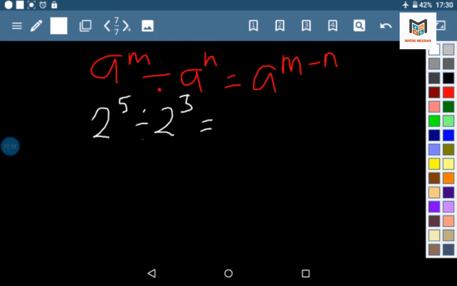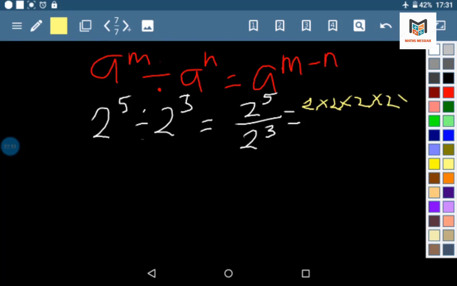And we can expand this by saying 2 by 2 by 2 by 2 by 2, because we have 5 of them. Then we divide it by 2 by 2 by 2.